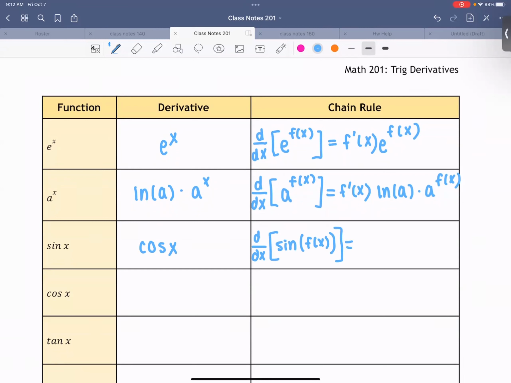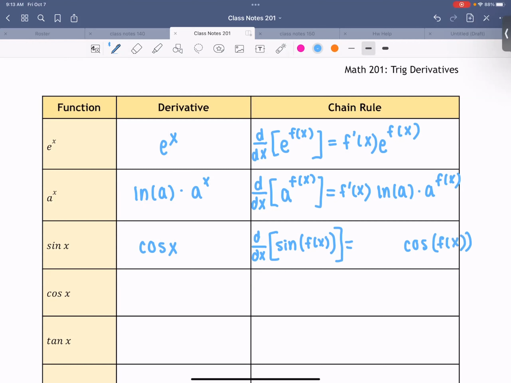Now we have an inside function and the outside function is sine. What do you think the chain rule derivative is going to be? Ooh, you're really close. Cosine, not f prime, but cosine of f of x, right?